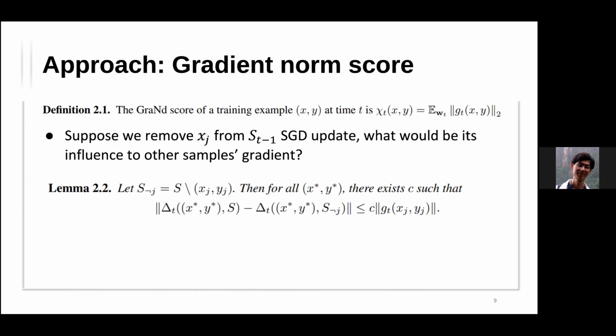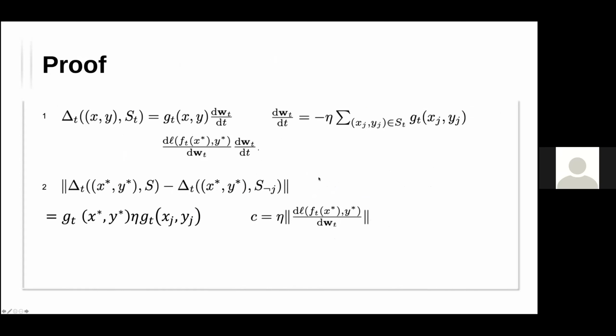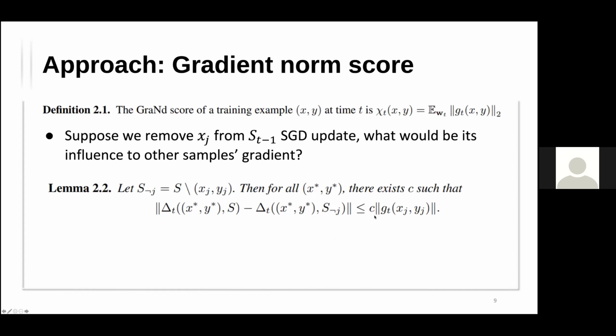Okay. So our goal is to find the upper bound of their difference. First the conclusion: it is upper bounded by the gradient of xj times a constant value. And the proof is quite simple.